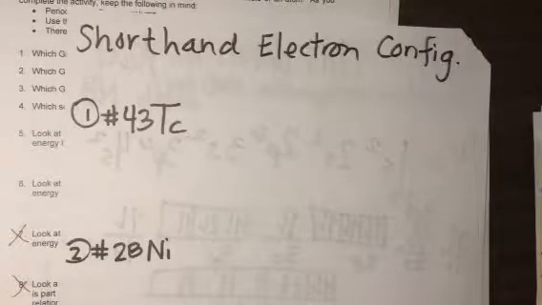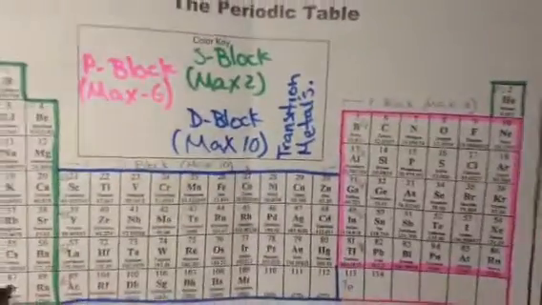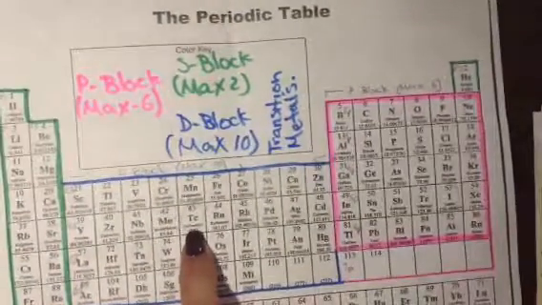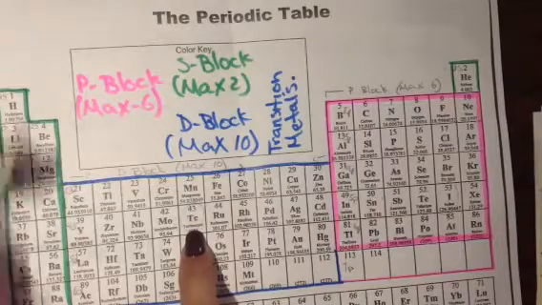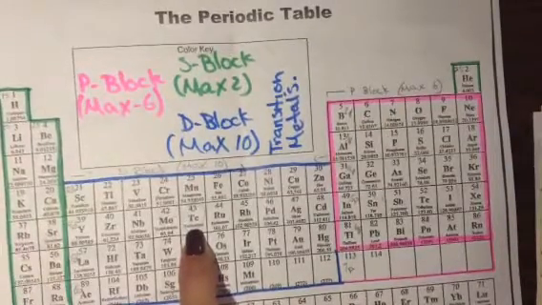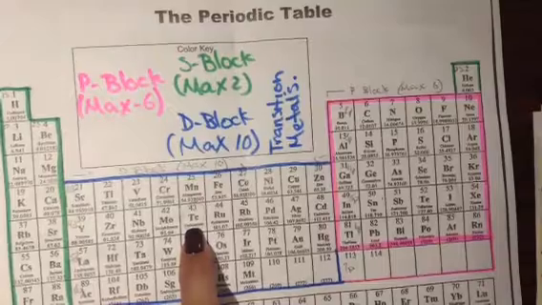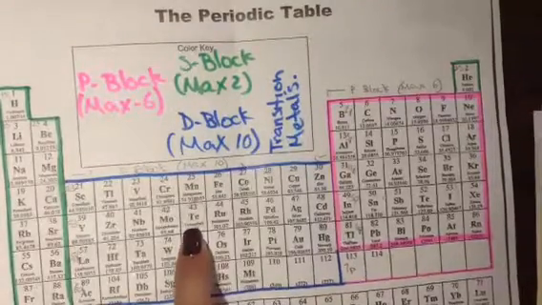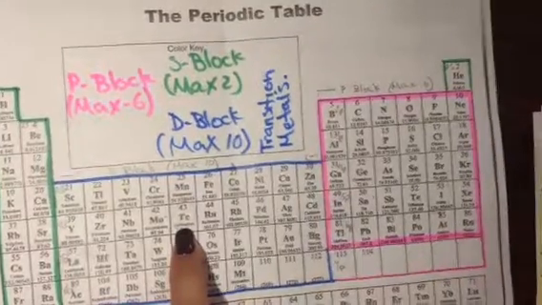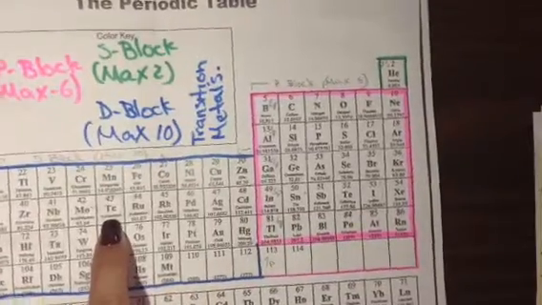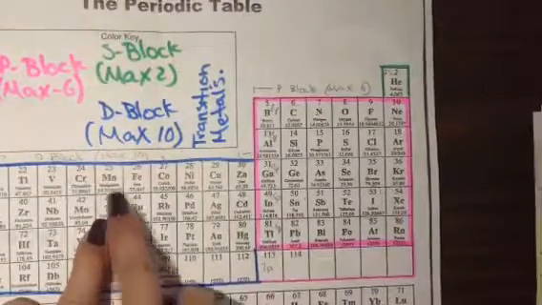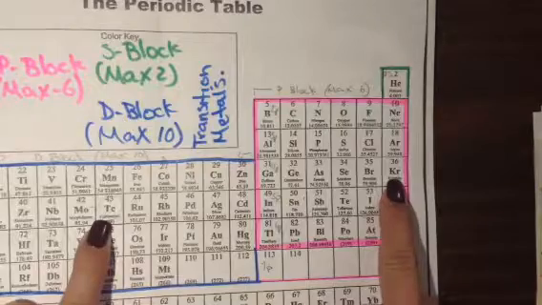Let's look at number 43. Writing out the whole configuration takes a really long time. So the trick is, you start at the last noble gas above it. The last noble gas above it is 36.